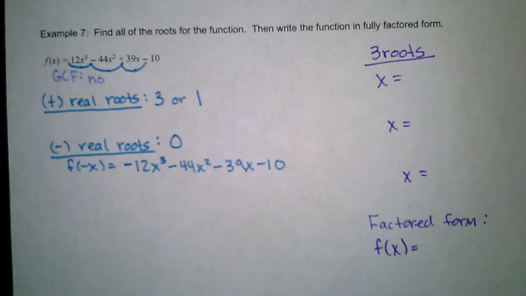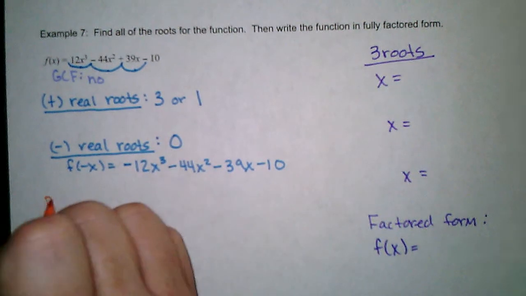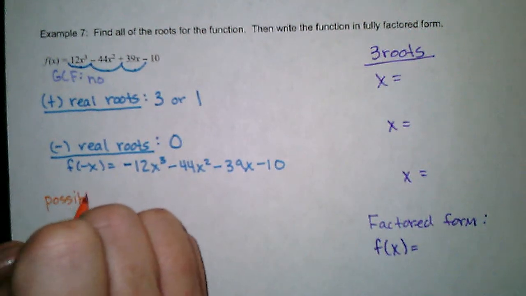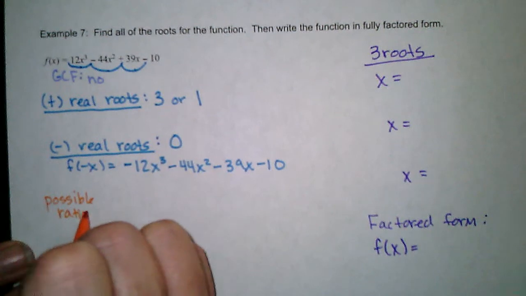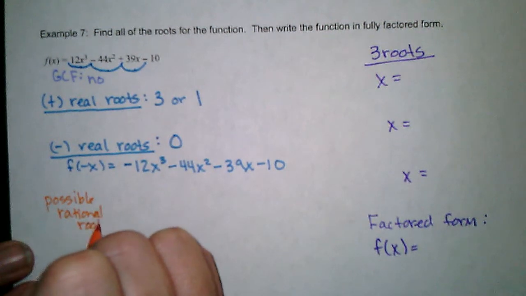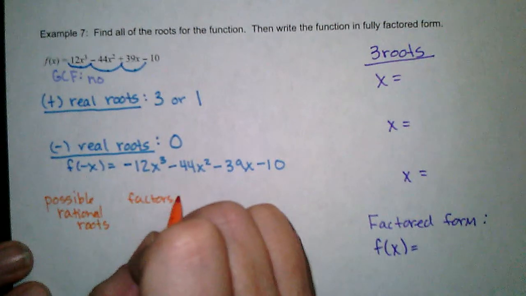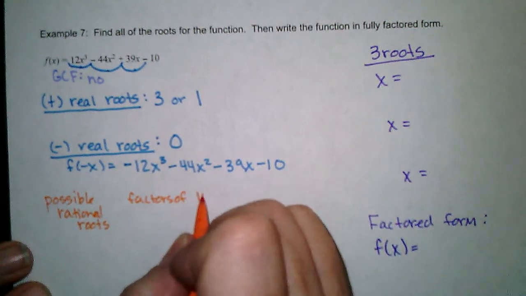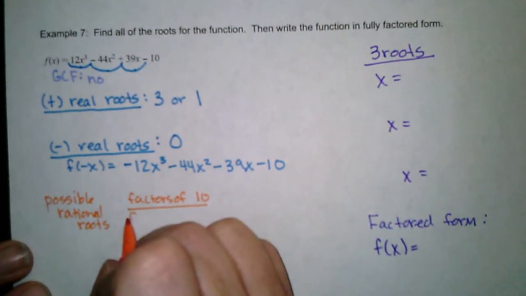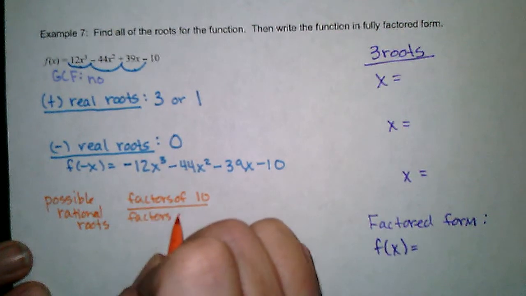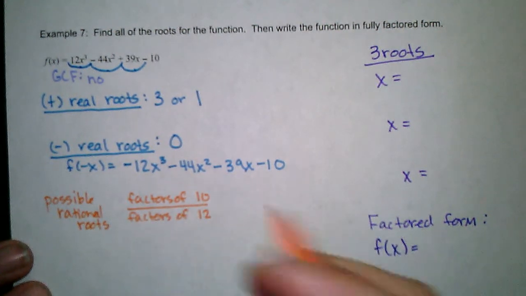So that leads us to our next thing, which is to list the possible rational roots. So we want factors of our constant term, which was 10, over factors of our leading coefficient, which was 12.